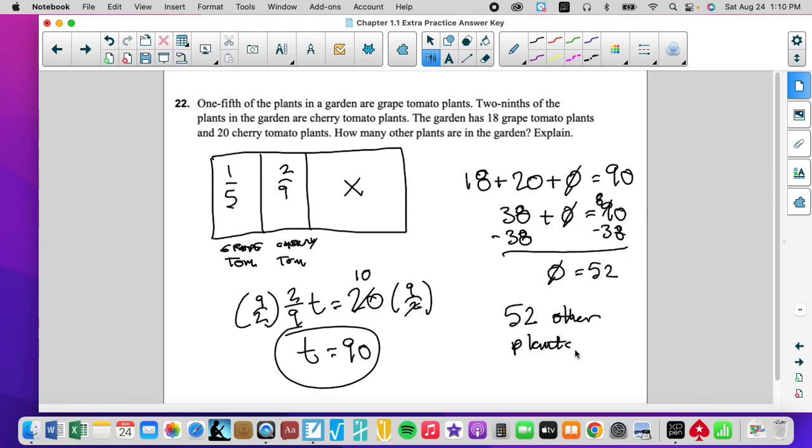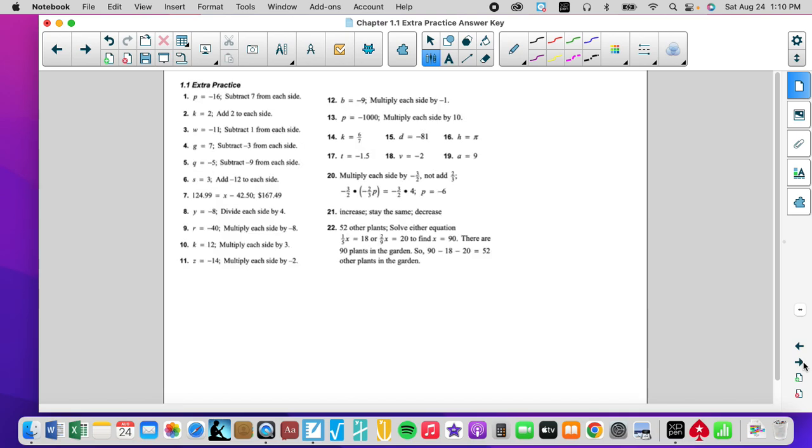Notice when I'm given a word problem, I'm going to do a word answer. And I think it was 52. Yeah, other plants in the garden. So notice that equation to find the total.